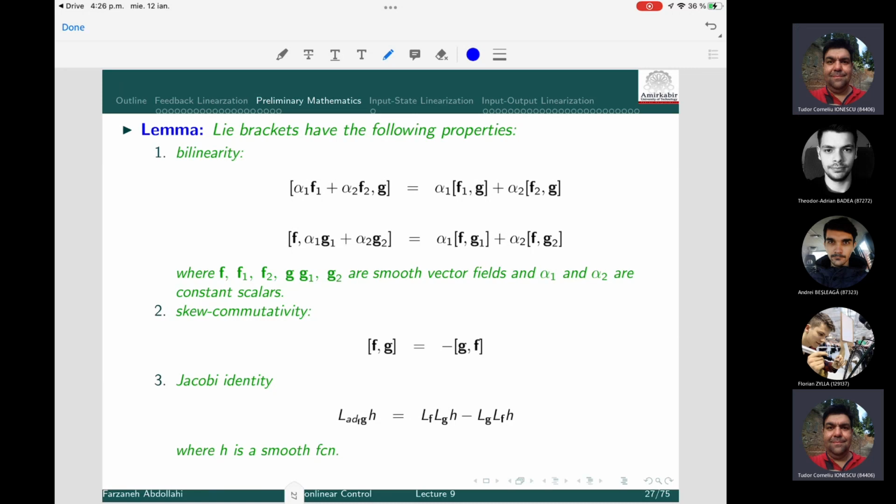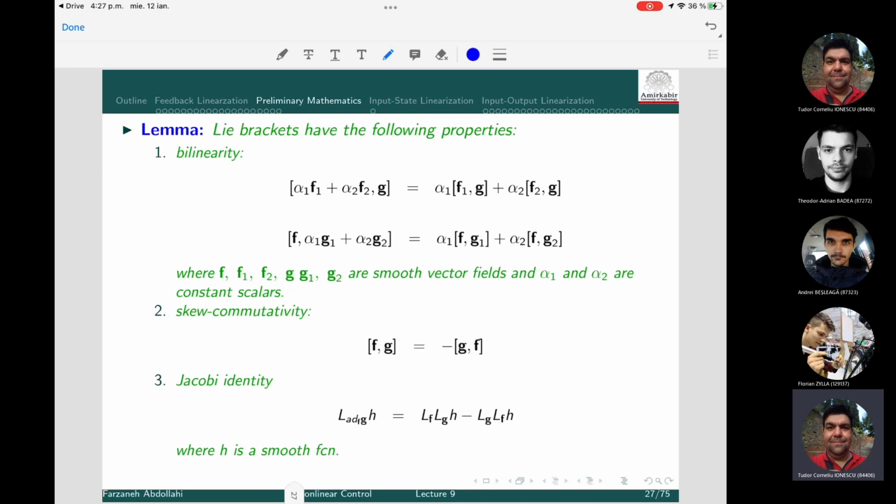And now we have some properties that we also discussed last time. Bilinearity. You see how, when you do the Lie bracket of an addition of two vector fields with respect to a third vector field, it is this formula. Like I said, this is called bilinearity, and it can happen in both left and right terms. Skew symmetry, skew commutativity.